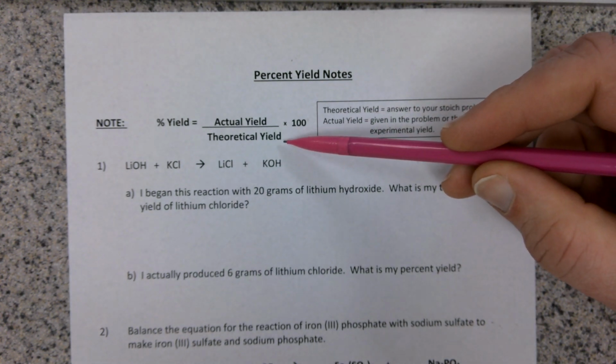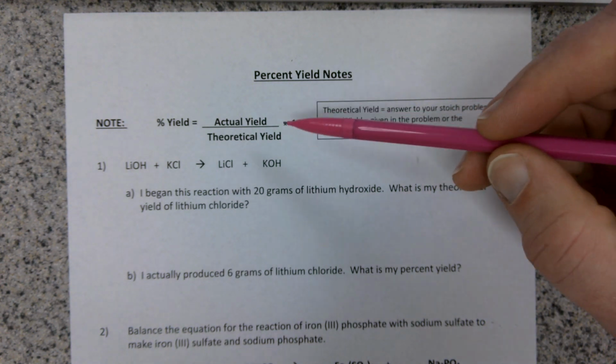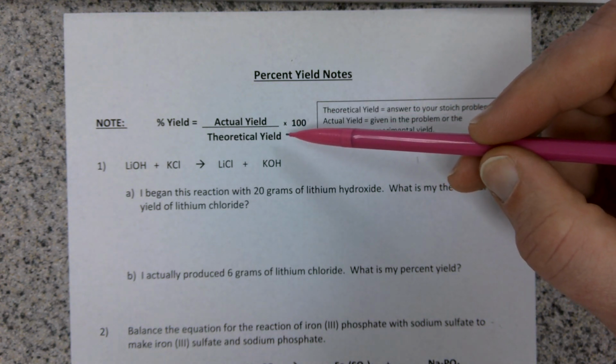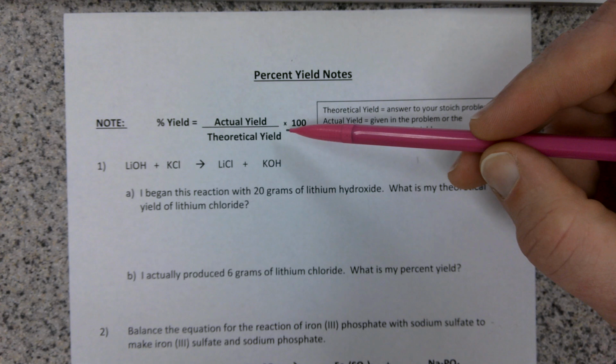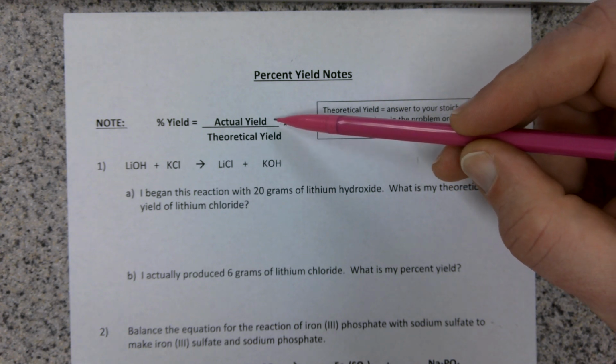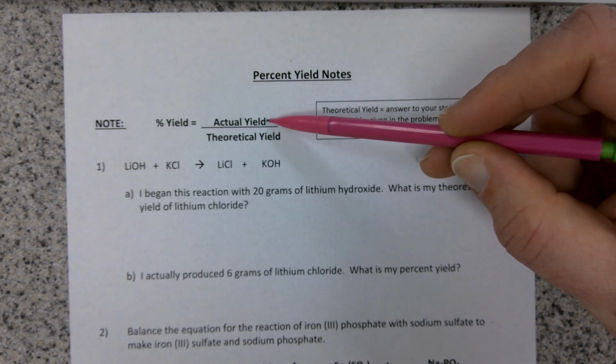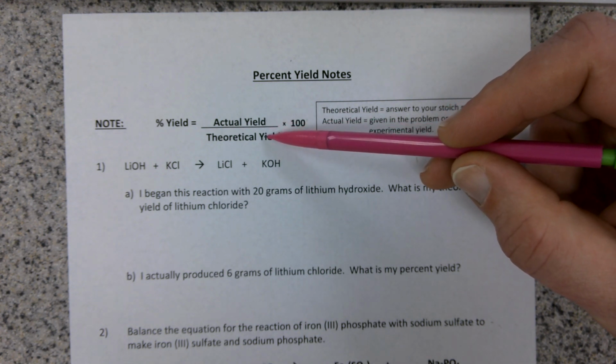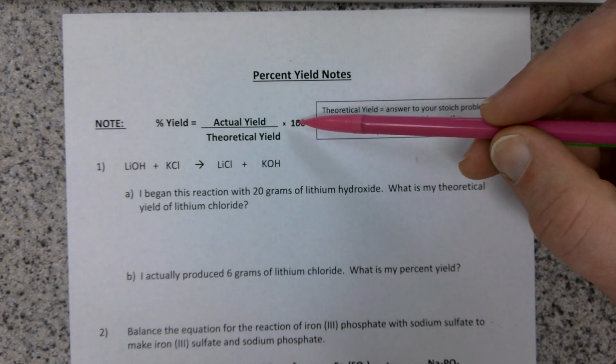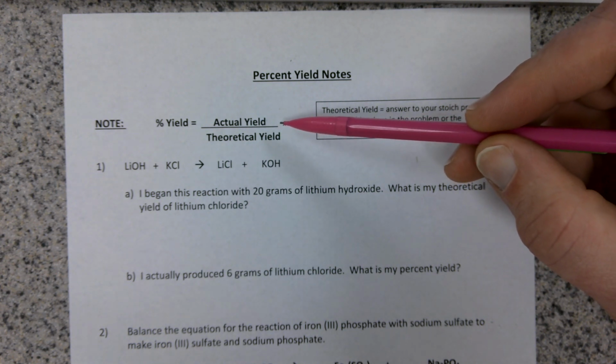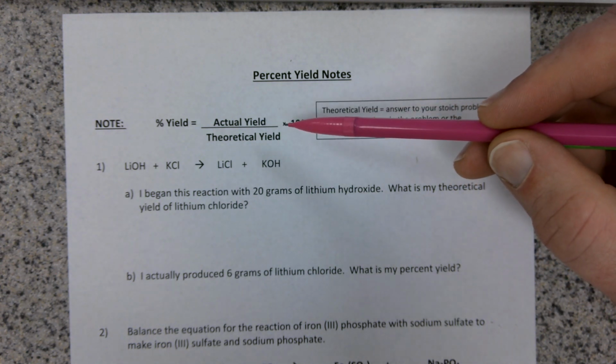So this is how much should get produced in a reaction, but never ever will it be 100%. What actually comes out is what we call actual yield. This is what gets produced in an actual reaction, and we divide what we get by what we should get, and then multiply that by 100 because it is a percentage, and that will give us our percent yield.